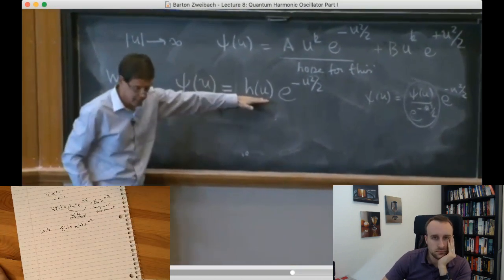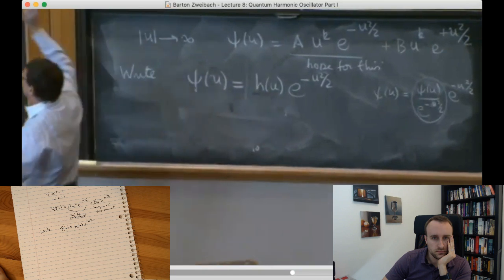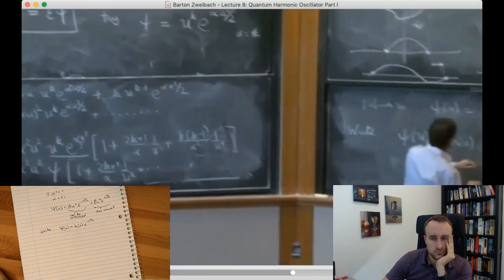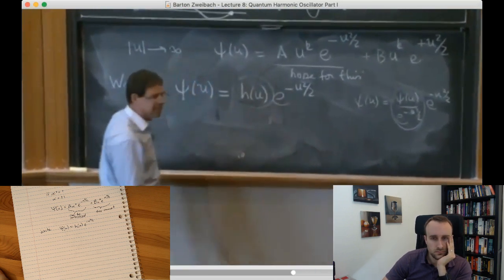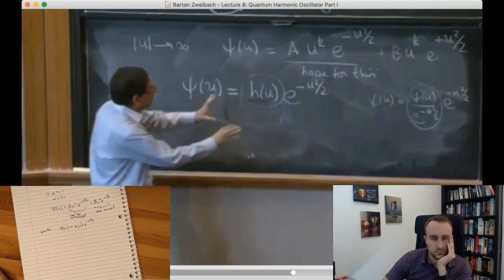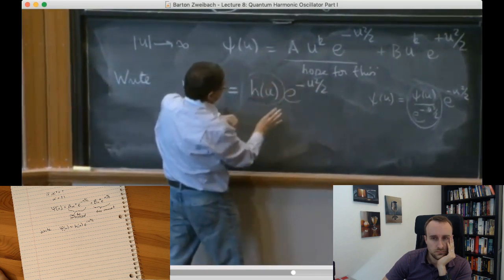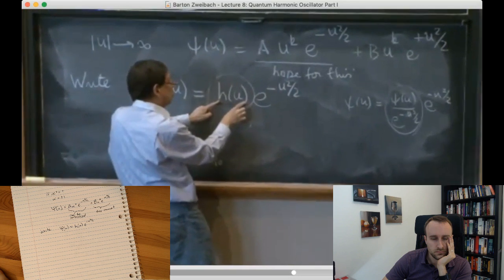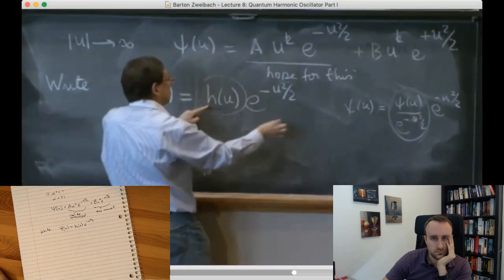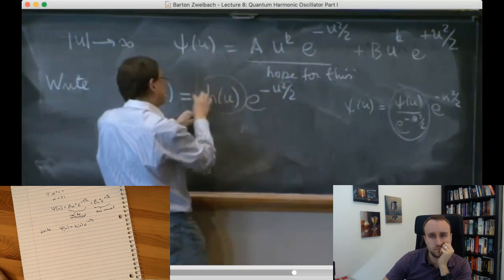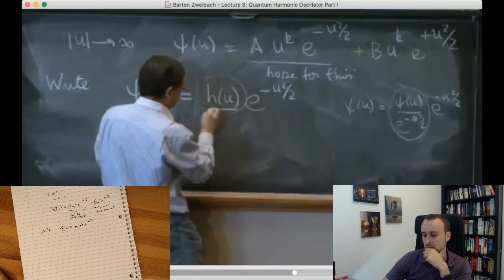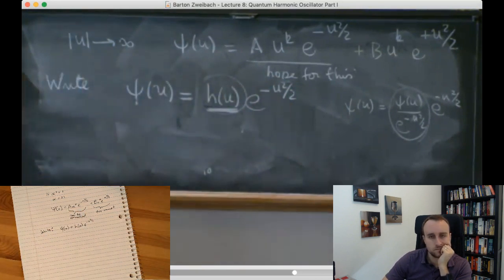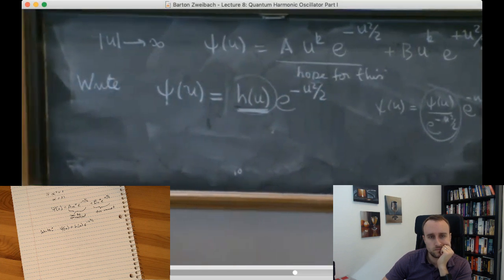I'm just hoping that because this is a very clever factor, the differential equation for h will be simpler, because part of the dependence has been taken over. So maybe h, for example, could now be a polynomial solution because this part has been taken care of. So the hope is that this will become an equation for h of u, and that equation will be simpler. So will it be simpler?